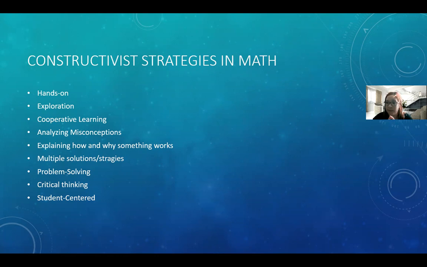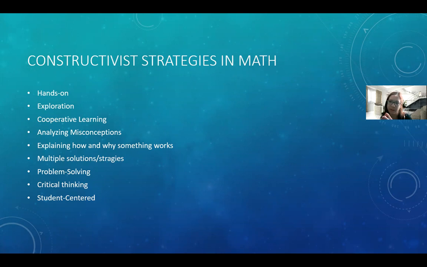It often includes explaining how and why something works. So students just don't follow rote procedures. I learned to borrow in second grade or regroup in second grade because my teacher told me this is how I do it, not because I had a deep understanding of, well, if there are no ones, I can get ones by regrouping a 10 into ones and understanding that process.